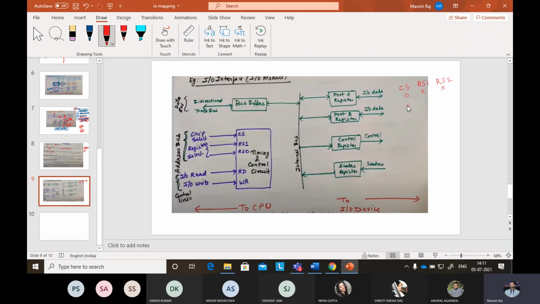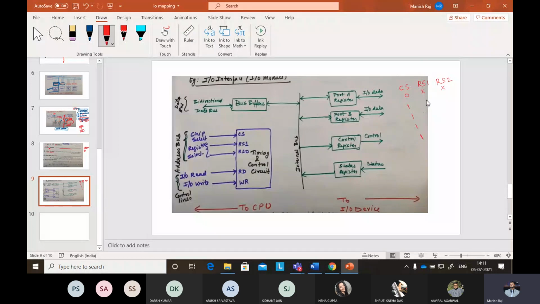If CS is 1, then the combinations of RS1 and RS0 are 0 0, 0 1, 1 0 and 1 1. According to that, you can understand these things.